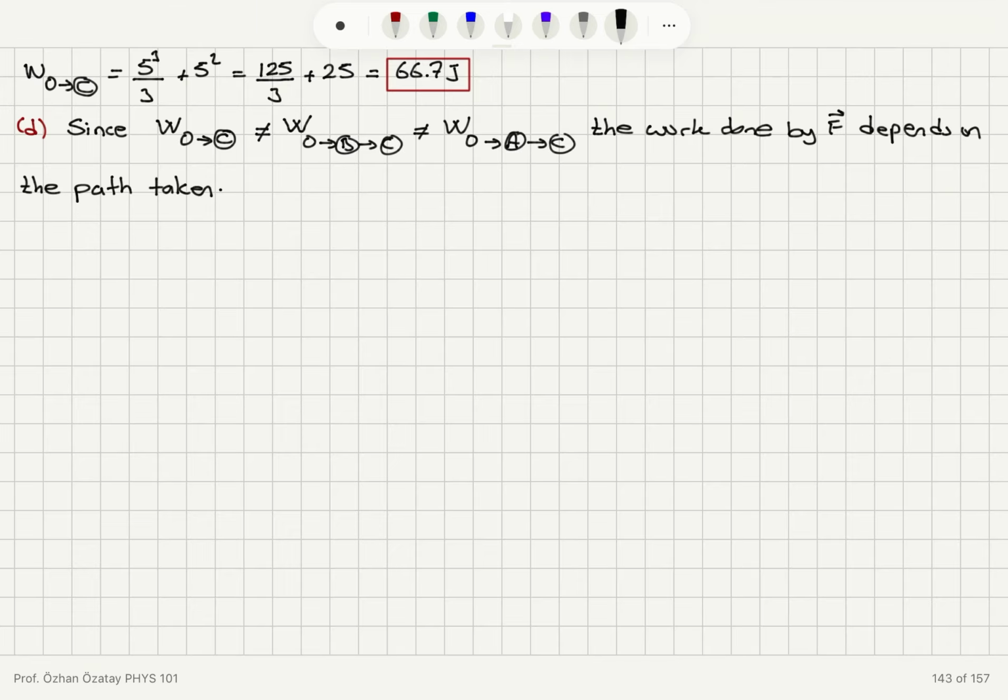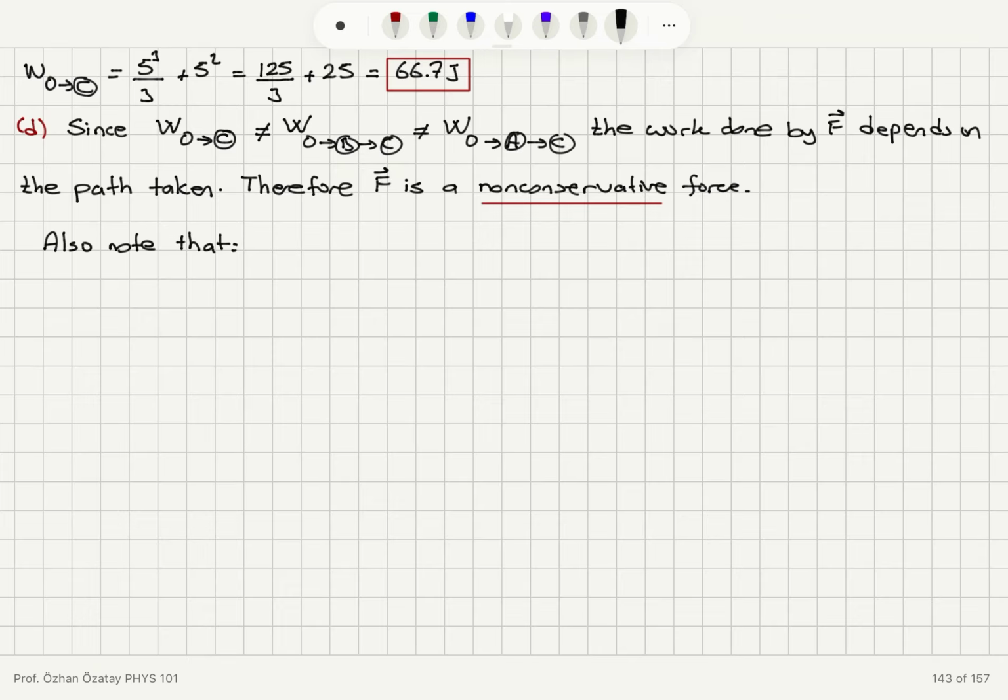So therefore this force F is a non-conservative force. It's non-conservative.